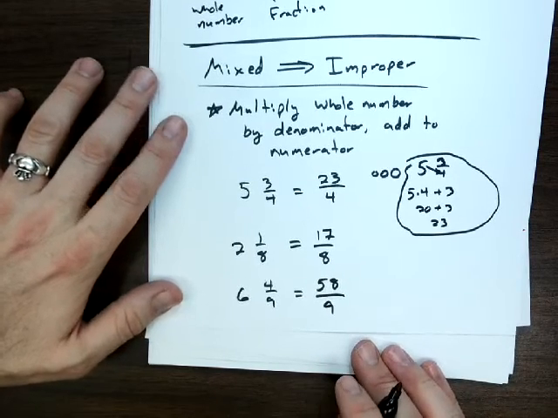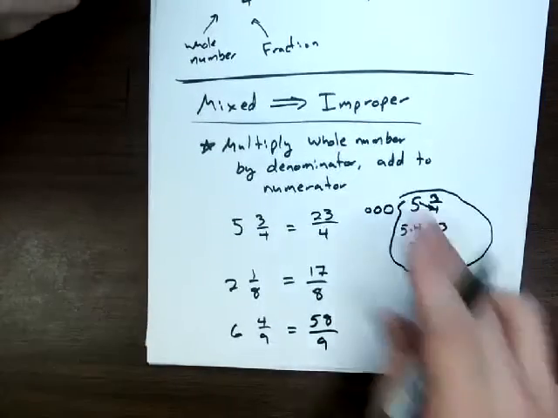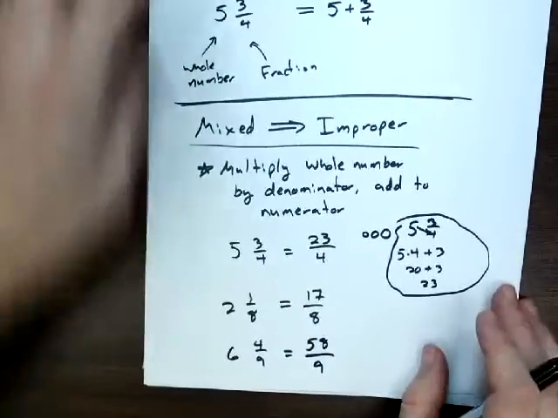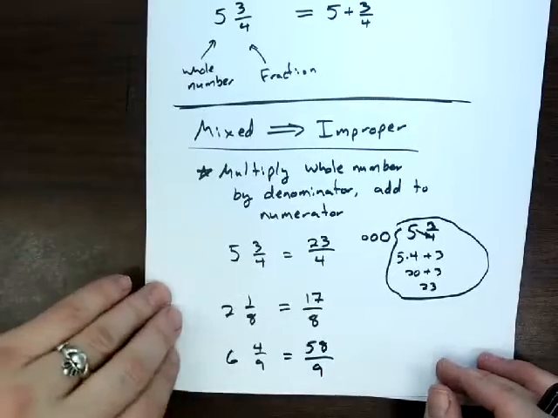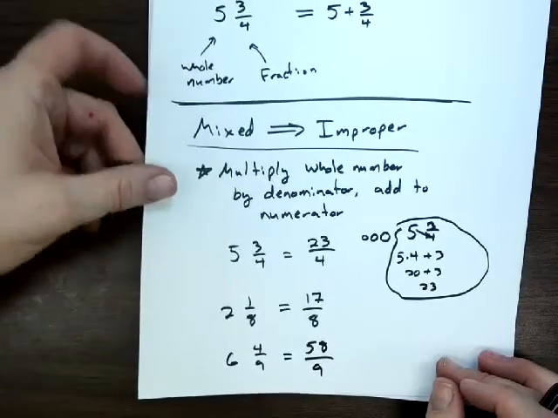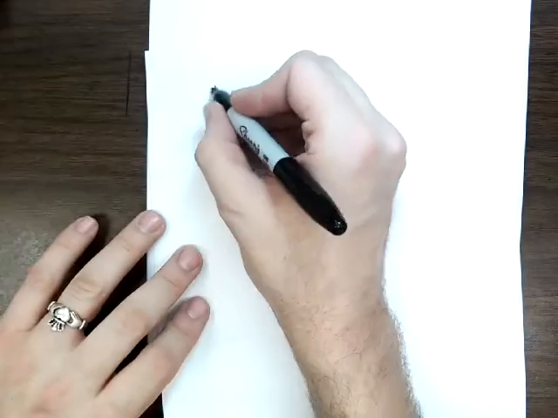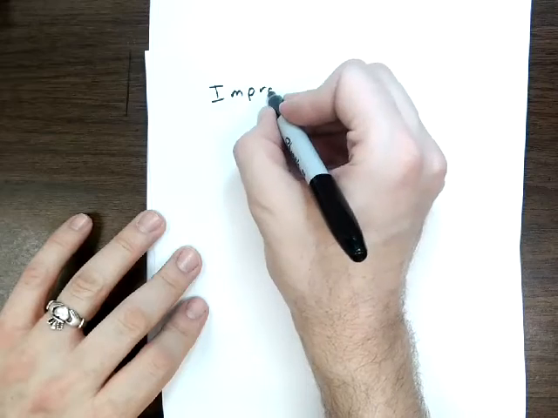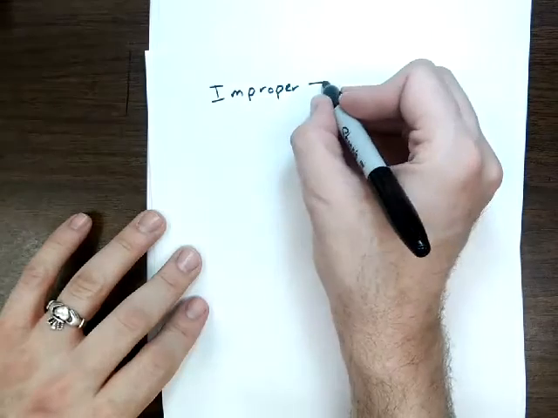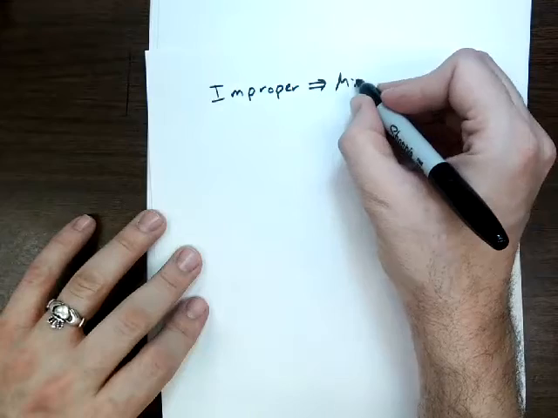Going backwards, going from improper to mixed is also pretty easy. Let's show you what's going to happen with that. Let's go from improper to a mixed number.